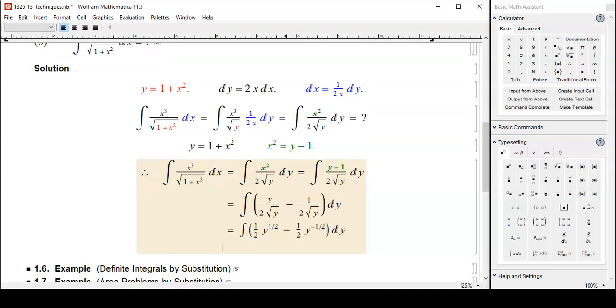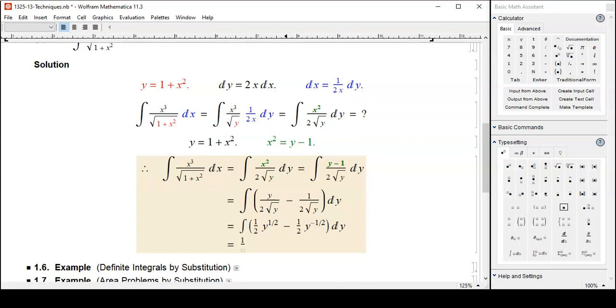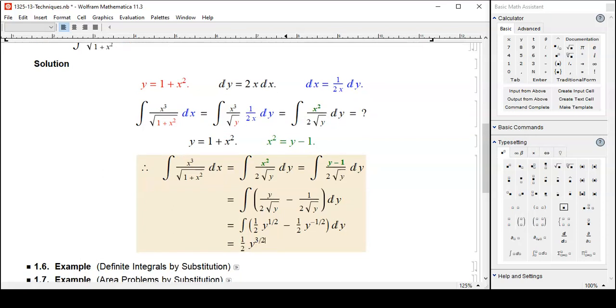And then if you calculate the antiderivative, 1/2 was there before, 3/2, and then we need the reciprocal 2/3. 1/2 was there before, add 1, and then we need the reciprocal 2/1 there. Yeah, okay.